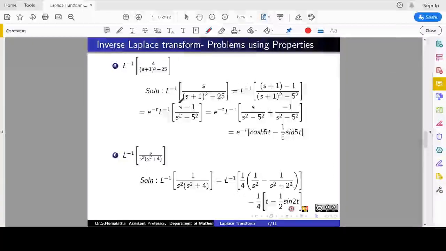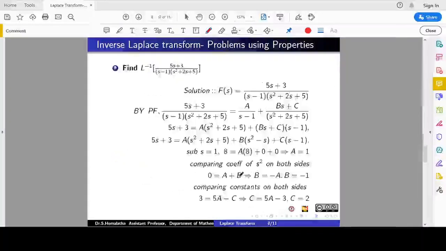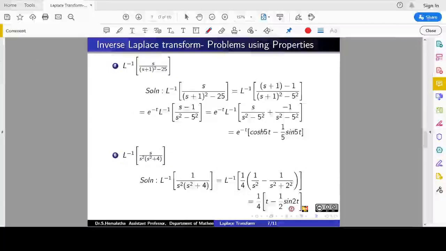But this is so easy, so this is handled this way. Fs can be written as L inverse of 1 by, you can just adjust these terms and rewrite it as, okay, this, fine, okay.